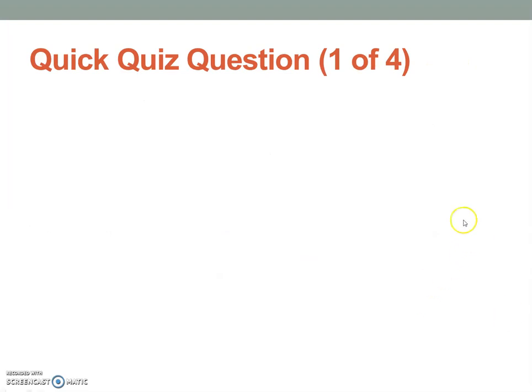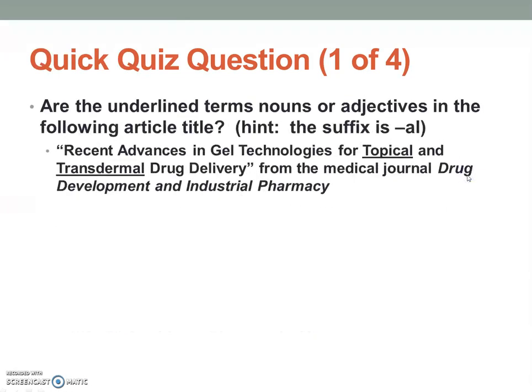So, let's take a quick quiz to see our understanding. Are the underlined terms nouns or adjectives in the following article title? Hint, the suffix is al. Recent advances in gel technologies for topical and transdermal drug delivery, from the medical journal Drug Development in Industrial Pharmacy.